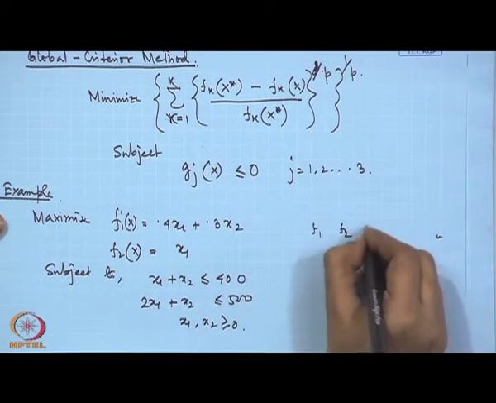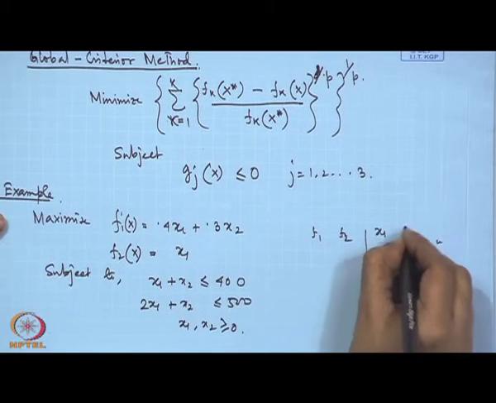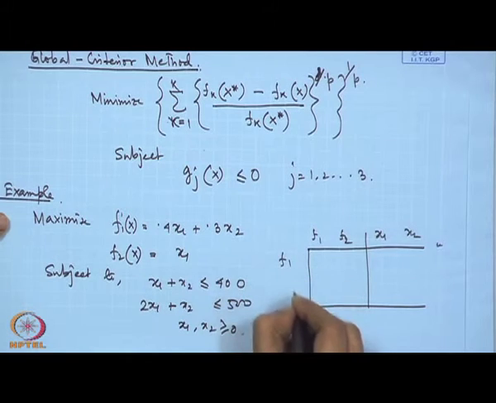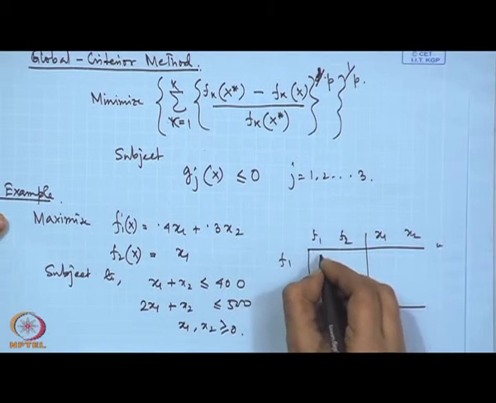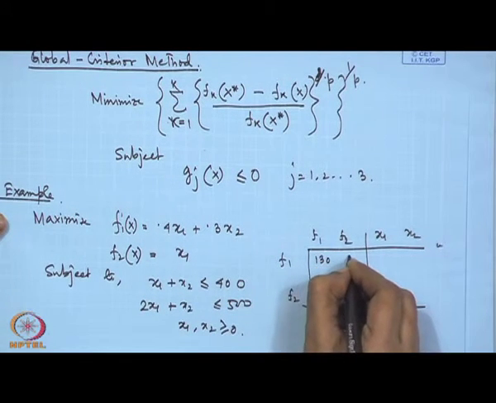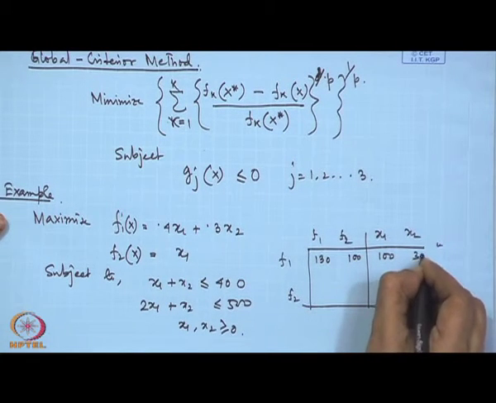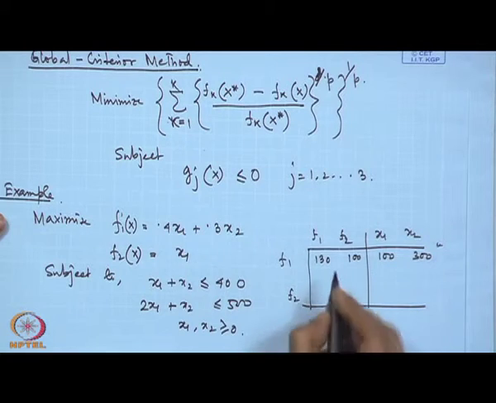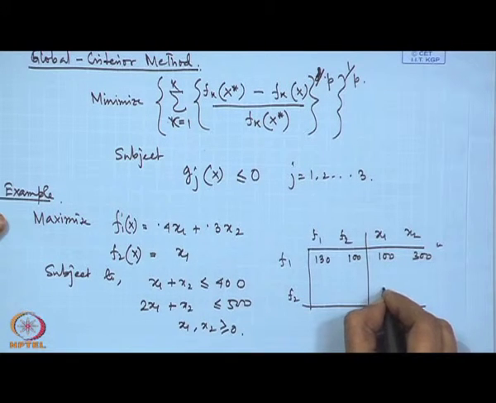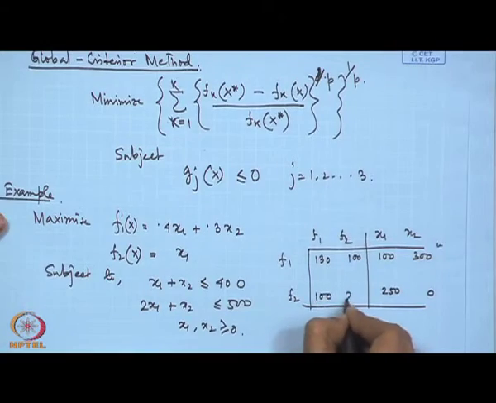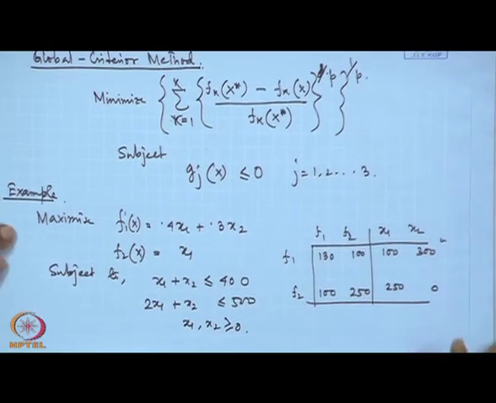All the information we can put in a table like this. At the point (100, 300), f1 has its maximum value of 130, and at the point (250, 0), f2 has its maximum at 250.